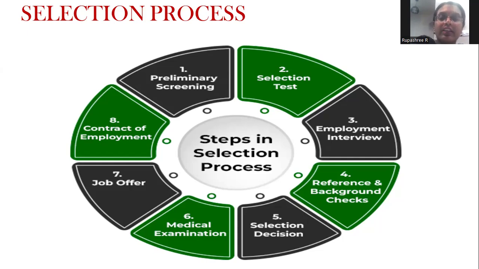If you find career development, you continue further in the company. Otherwise, we stop the contract of employment. So a contract of employment again rarely happens. When we require a contract, let's say I recruit you only for 1 year or 2 years, then a contract of employment is required. Otherwise, the last process of selection would be providing you the offer letter.